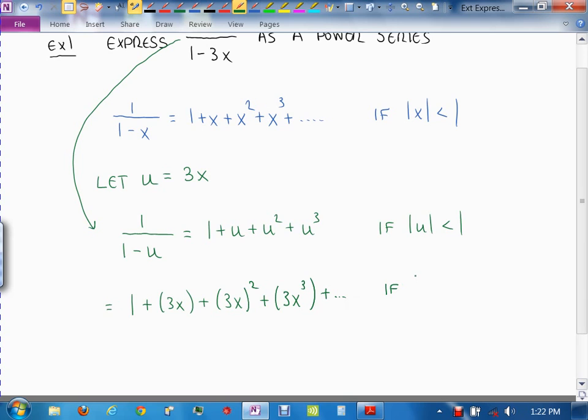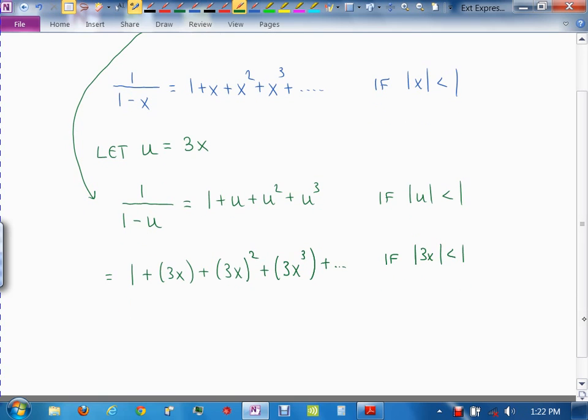If the absolute value of what's less than 1? 3x is less than 1. But that's the same as saying 3 times the absolute value of x must be less than 1, which is saying the absolute value of x must be less than 1/3. So I just did a little solving for the absolute value of x here. Isn't that a power series right there? Isn't that a power series representation of the original problem?